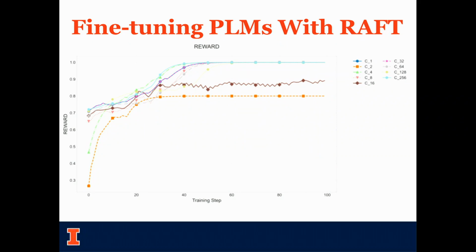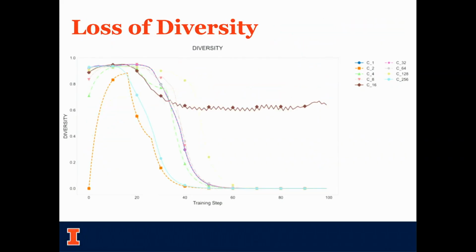What we can see here is that RAFT is really good at helping us achieve optimal rewards. Basically every candidate count setting achieves optimal rewards except for two of the lower count settings, which converge between 0.8 and 0.9. But when we go to the diversity graph of RAFT, we see the key issue: while we're achieving optimal rewards, we're converging to diversity collapse in almost every setting.